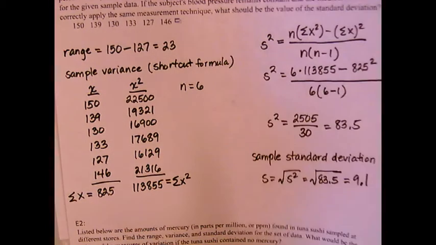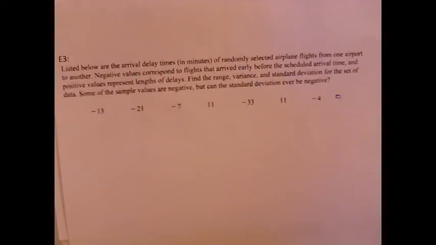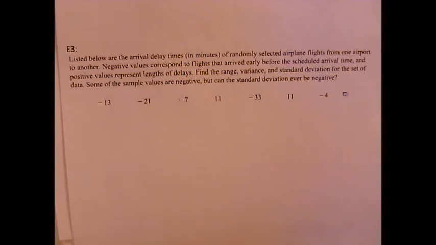Okay, I'll do another problem. Now this one has negative signs in it. Listed below are the arrival delay times in minutes of randomly selected airplane flights from one airport to another.